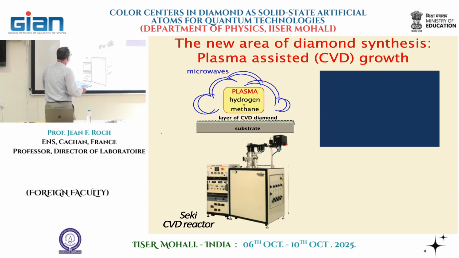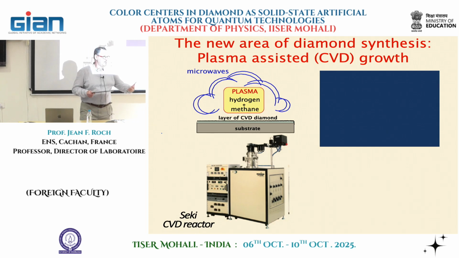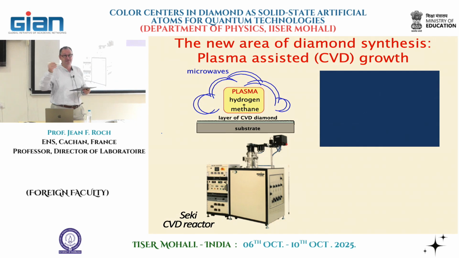Basically, for doing that, you have a plasma, created by strong microwave excitation. You inject both methane and hydrogen gas into the plasma. Those gases will dissociate. And using a process that there is a cartoon movie that tries to explain, at the end, you will deposit the carbon atoms layer by layer and create a crystal.